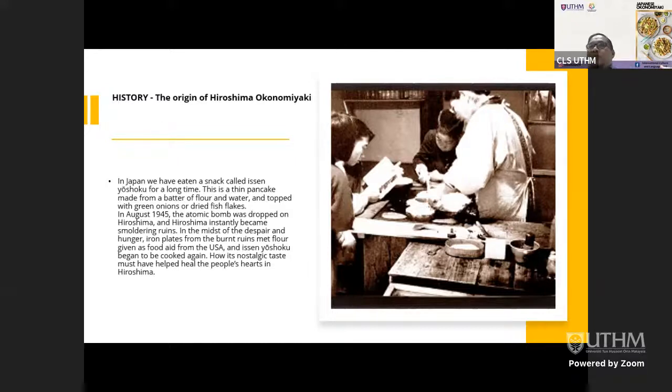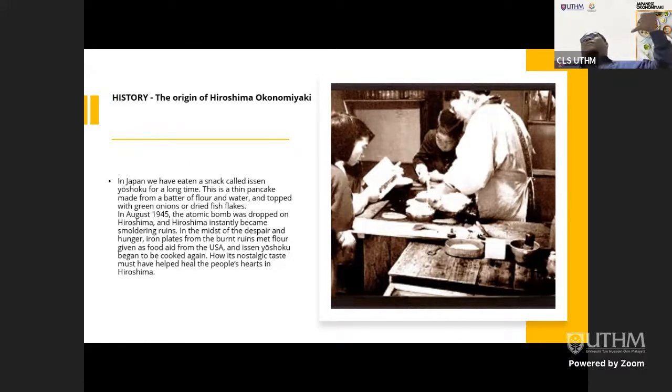At the time, there were a lot of rumors. They said that Japanese food culture was going to change, that maybe our food was going to be westernized. Why? Because it was difficult to get rice in Hiroshima. The only thing supplied at the time was flour, wheat flour, an American brand they called Milliken.